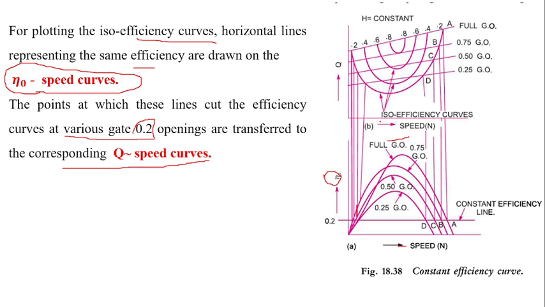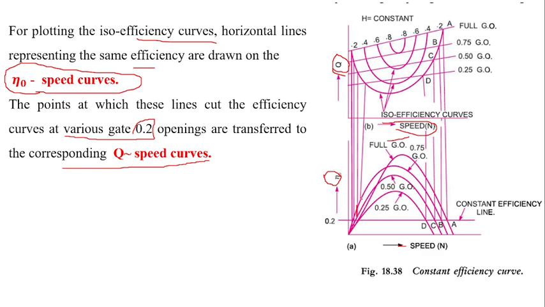We have drawn the two graphs, discharge versus speed and overall efficiency versus speed. Here we are calculating efficiencies for every efficiency for 0.25 gate.